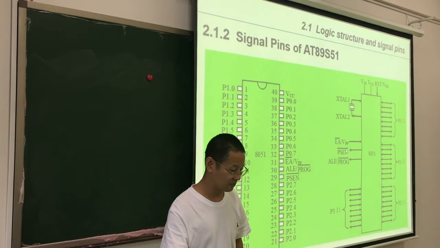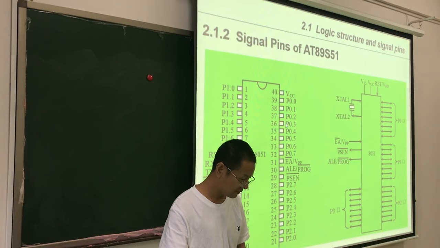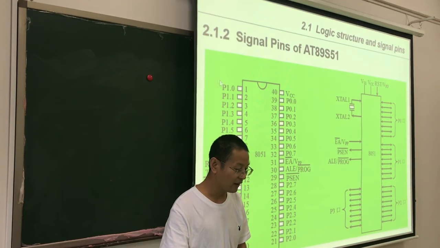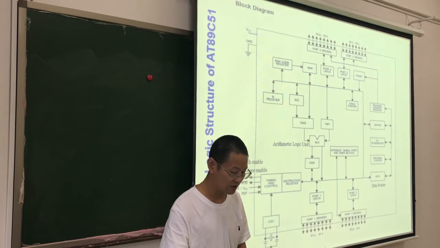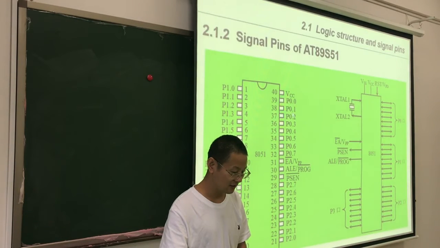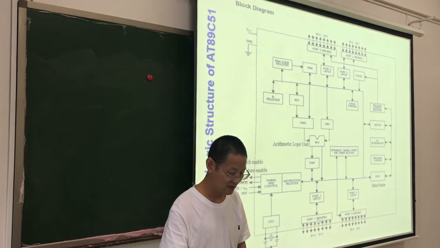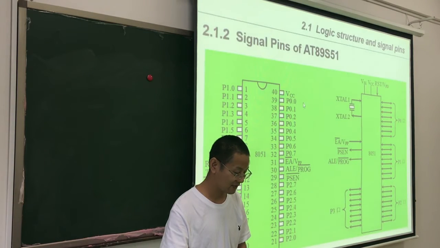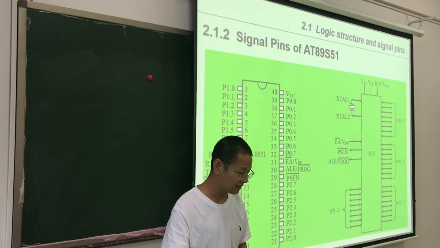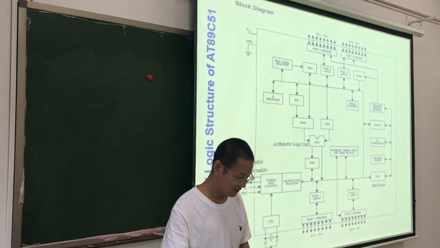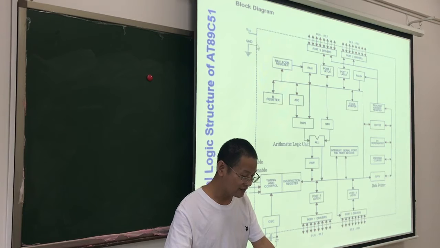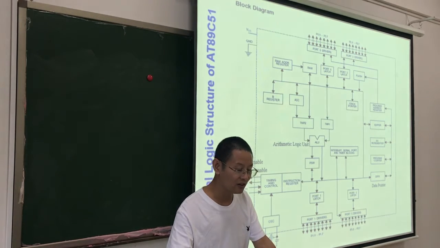This is P1, and this is P0. RST, RXD, TXD are outside this block diagram.